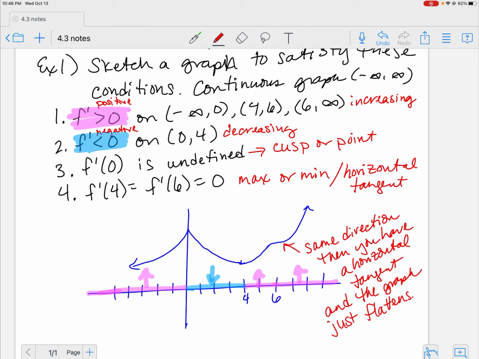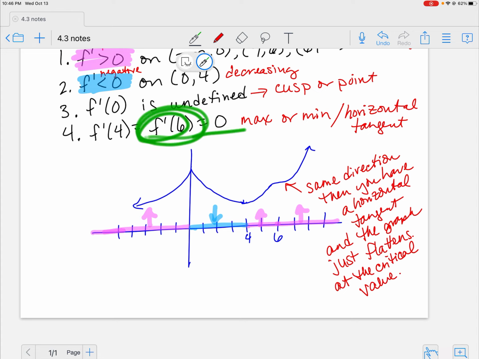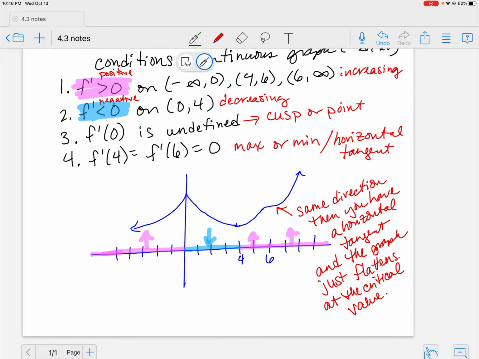So my graph's just going to flatten at that critical value. I should write that, at the critical value. So my critical value here of 6, my graph flattens because it tells me I'm increasing. So increasing, so I flatten out a little bit and keep going.